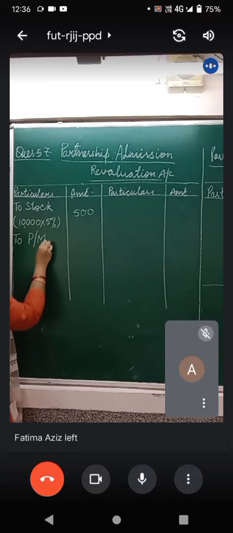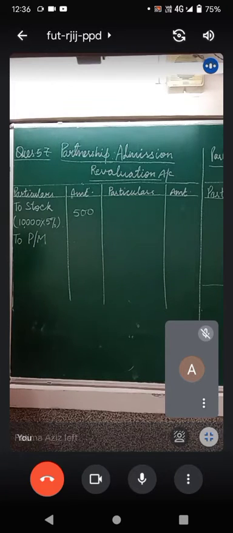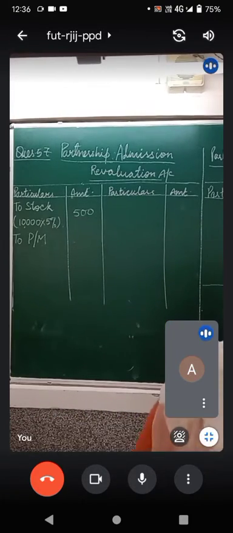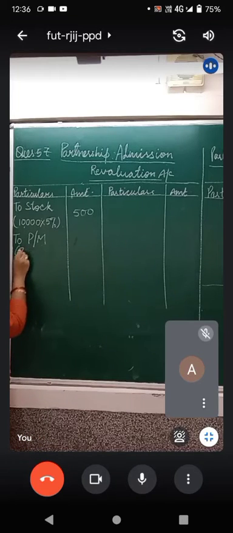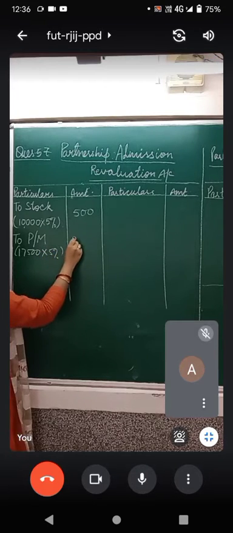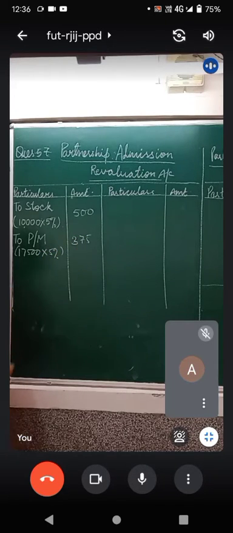Check out the amount of plant and machinery from the previous balance sheet. It is 17,500. And 5% of it is rupees 375.